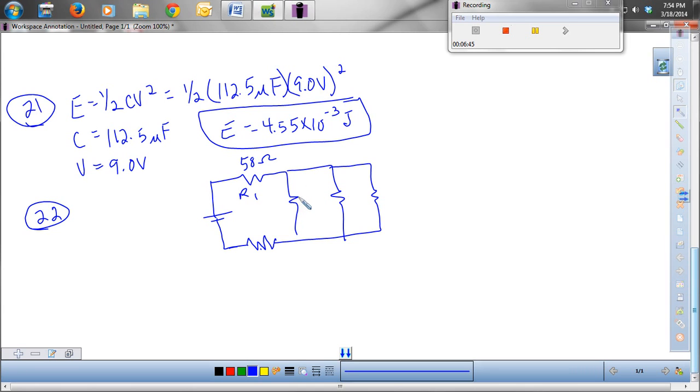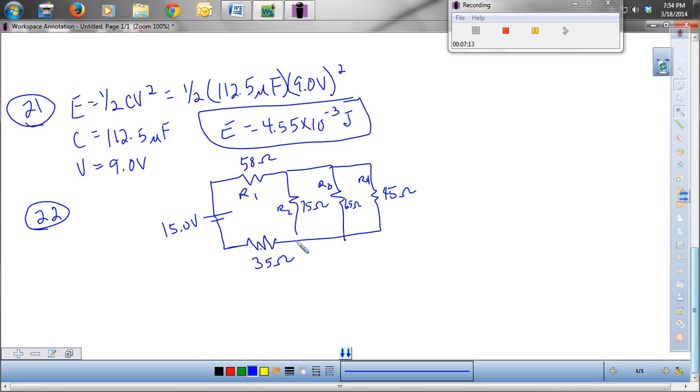This one was 75 ohms, R2. R3 was 65 ohms. R4 was 45 ohms. And then this one down here was 35 ohms. And they were all hooked up to a 15-volt battery.